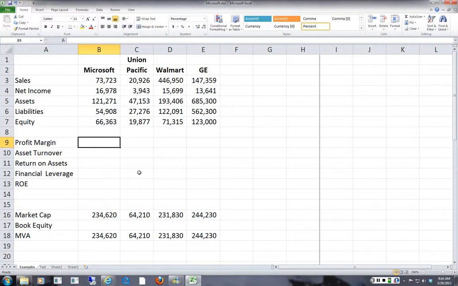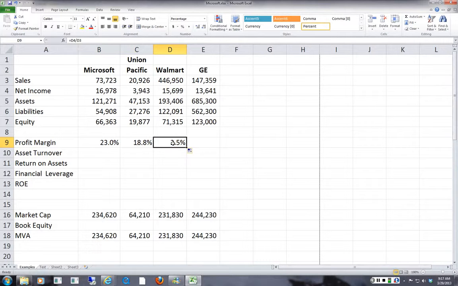So we'll start with the profit margin, which is net income divided by sales. Let's do that here, and we get 23% for Microsoft. That's really very good, isn't it? Union Pacific is 18.8%. That's better than it was when I was with them.